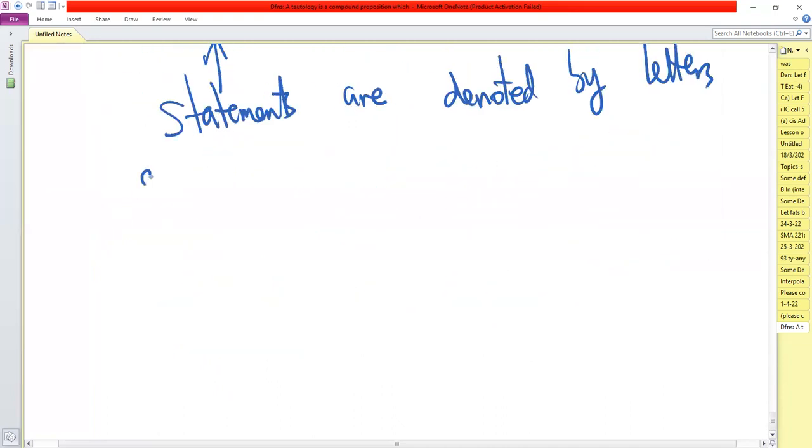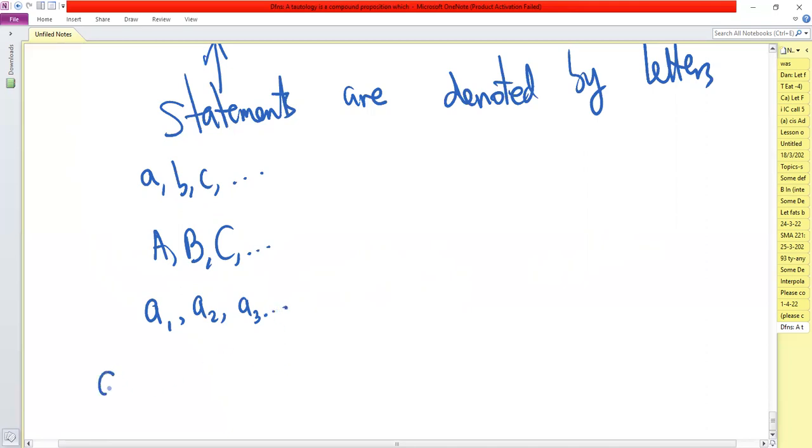We can use lowercase letters a, b, c, or we can use uppercase letters, or you can even use subscripts, whichever way you like to do it. So you can say, for example, A, and then you put a colon: the sun rises in the east.